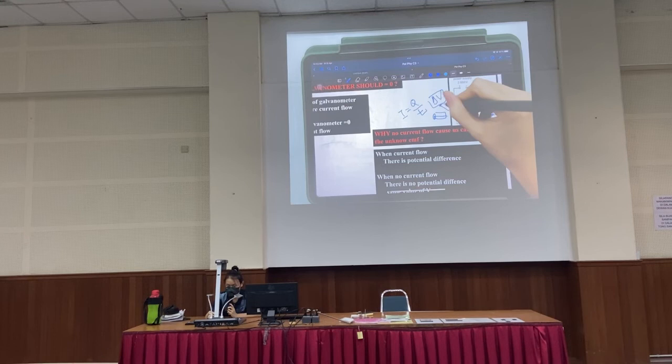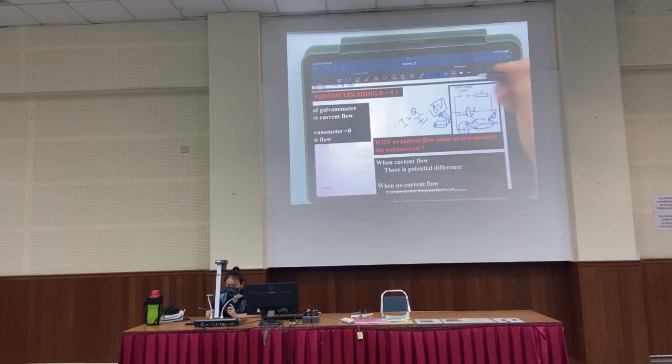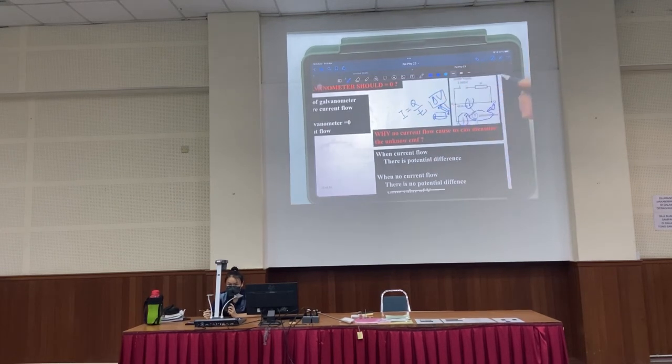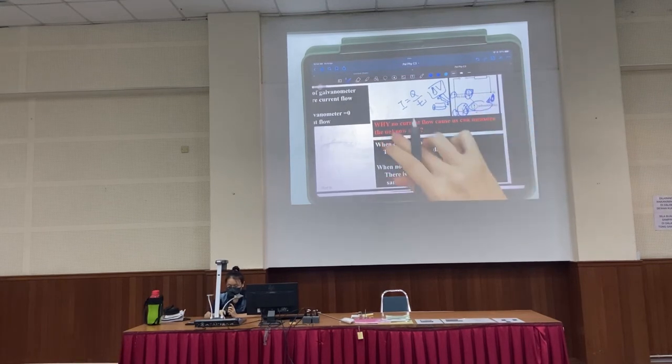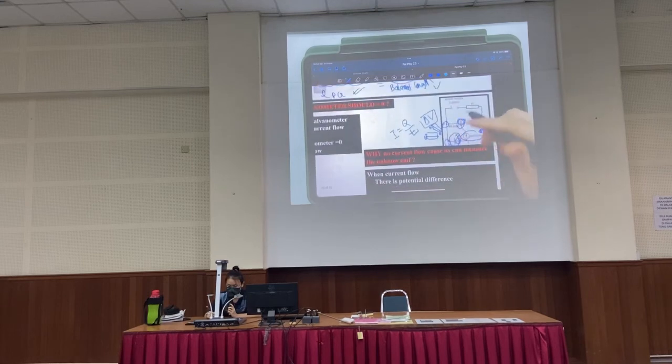When there is a difference in gradient, the water will flow. This is the same case as the charge flow. When there is a potential difference, the charge will flow, and then current will be produced. So when the galvanometer reading is 0, this means there is no potential difference between this point and this one. So we can use the formula here to get the EMF of this cell.